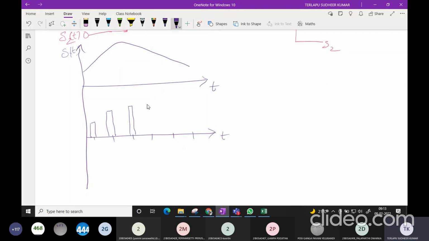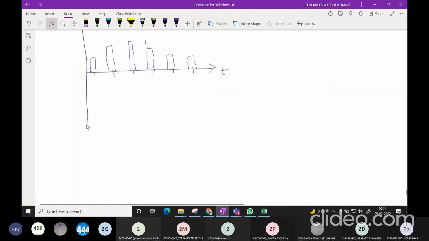What about here? Here also. This is my PAM signal of S1 of t. Fine.